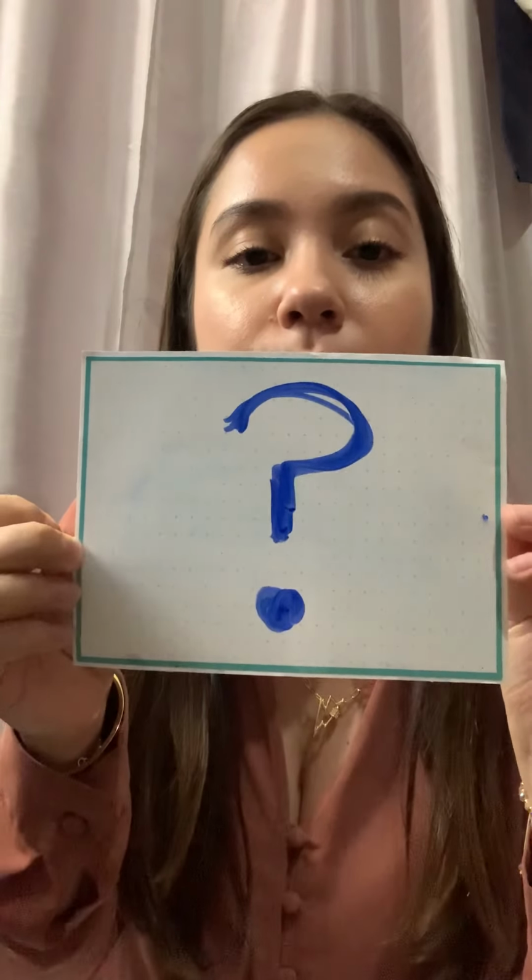Okay, so now, do you remember what this punctuation mark is? What's the name of this one? Question mark. Very good. And what is it used for? Very good, for asking questions. And then, do you know what this punctuation mark is?